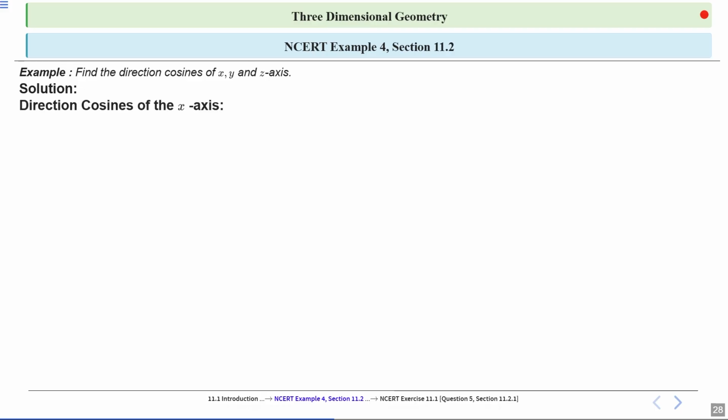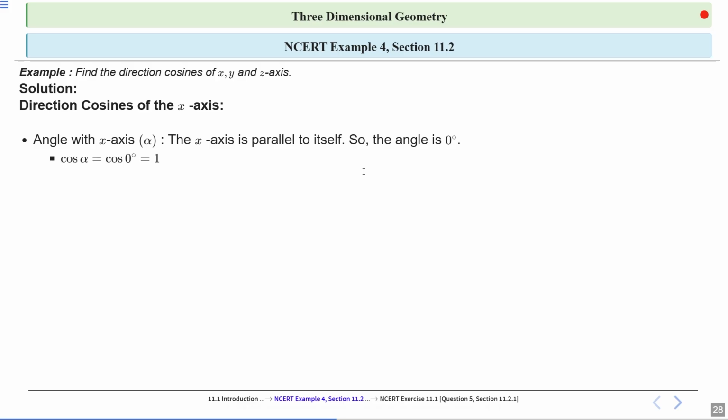For the direction cosines of the x-axis, we consider the angle between the x-axis and itself, which we call alpha. Since the x-axis is parallel to itself, the angle alpha is basically 0 degrees. So this is always true for any axis with itself. So cos alpha equals cos 0 degree equals 1.